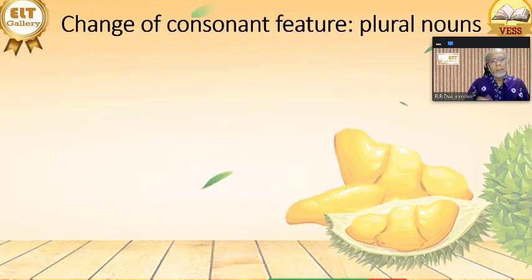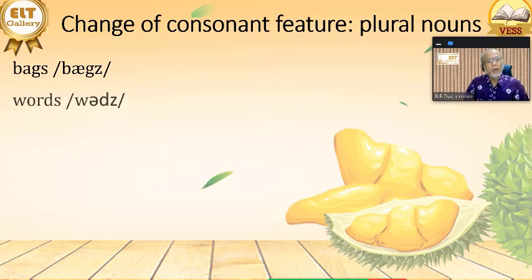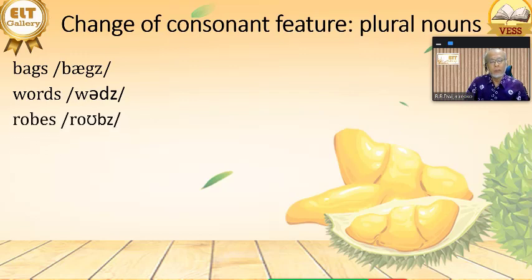And then because of the presence of voiced and voiceless consonants, the suffix for plural nouns can be pronounced differently. Here we have bags, words, robes, tables.